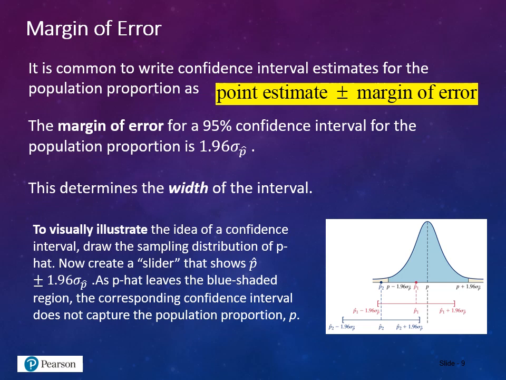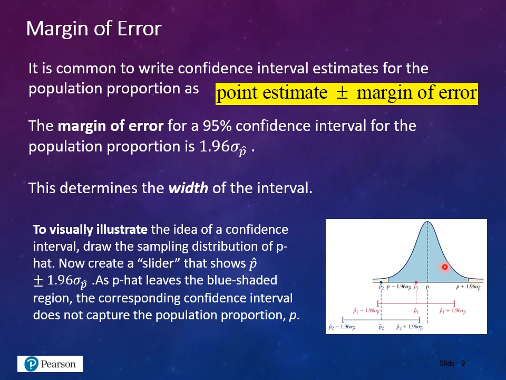To visually illustrate the idea of a confidence interval, we've drawn the sampling distribution of p hat. Now create a slider that shows p hat at plus or minus 1.96 sigma sub p hat. As p hat leaves the blue shaded region, the corresponding confidence interval does not capture the population proportion.